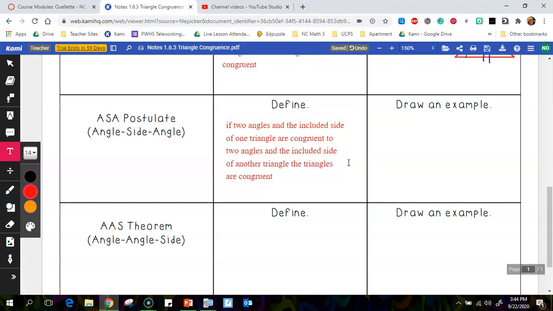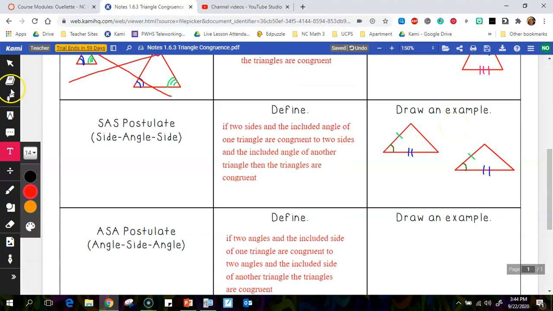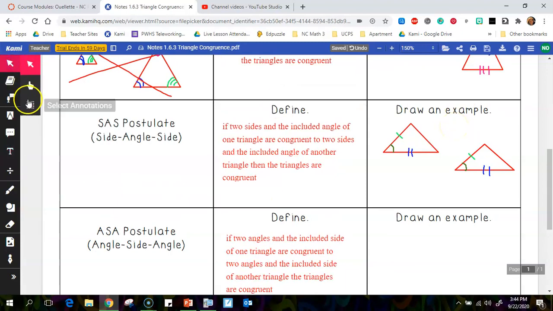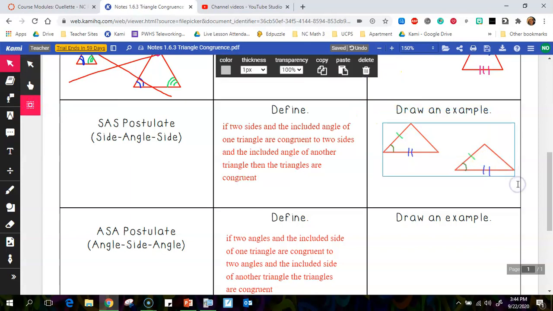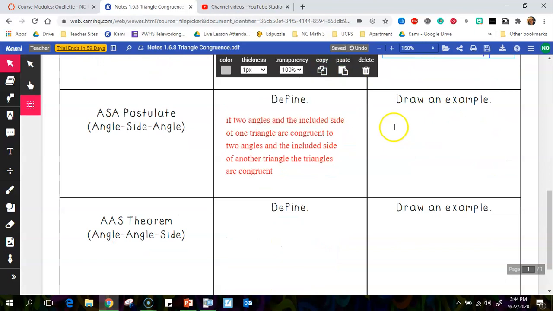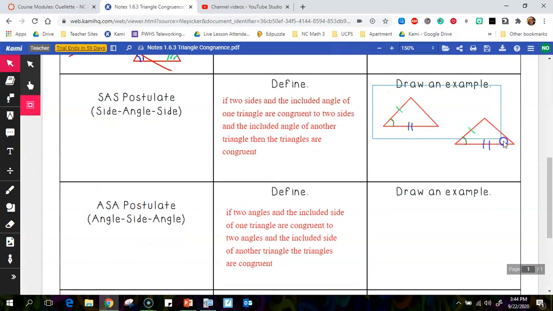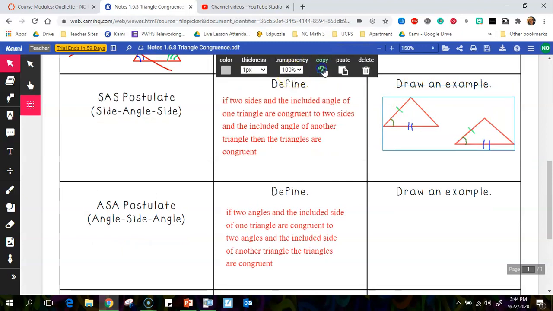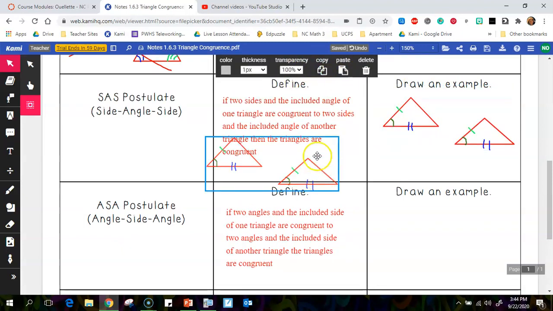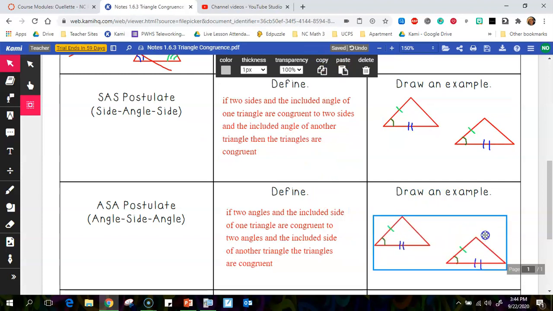You know what? I'm wondering something. If I can choose that, oh, yes, I can copy. Then I can come down here. Maybe not. Hold on. Let me try that again. Copy, paste. There we go. And then I can move it where I want it.